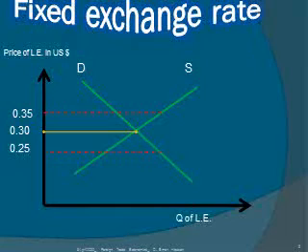So, if the price determined through the central bank intervention is above the price of equilibrium, it's called the revaluation. But if the price determined through the central bank intervention is below the price of equilibrium, which is 0.25, it's called the devaluation of the home currency.